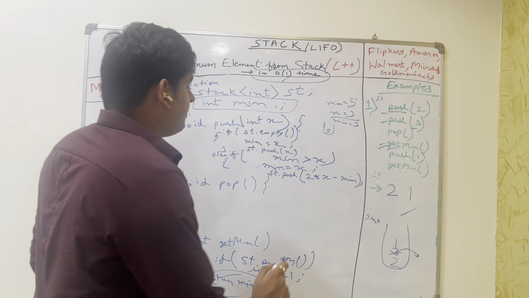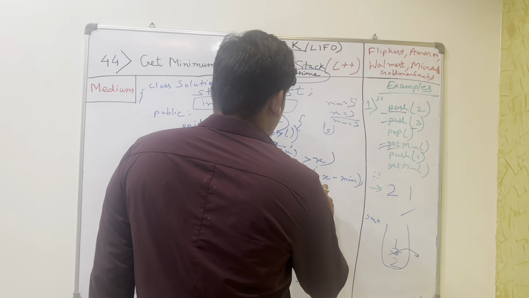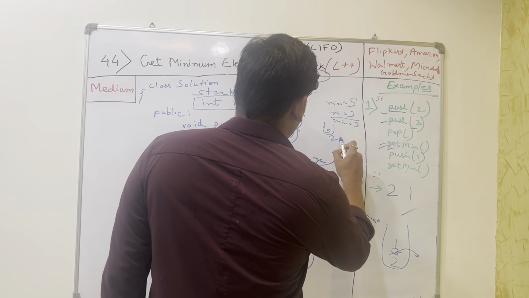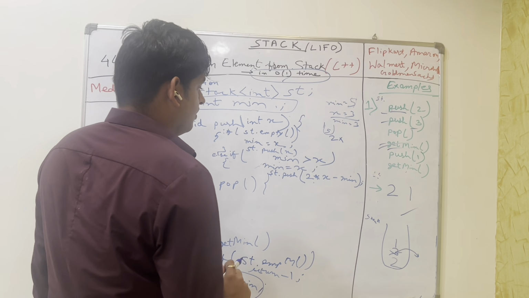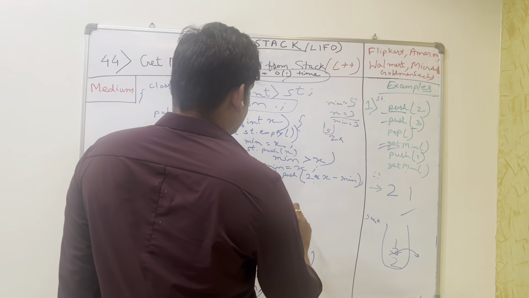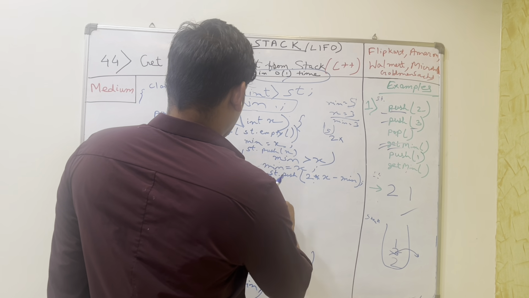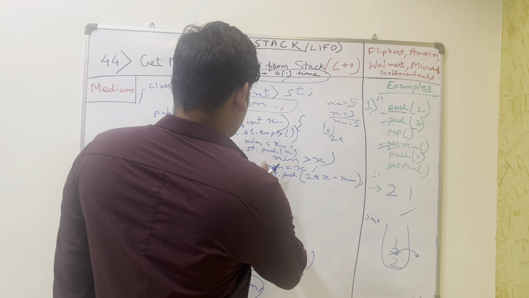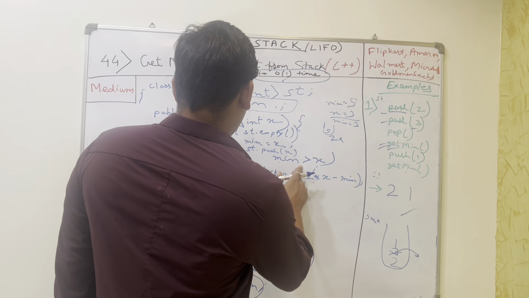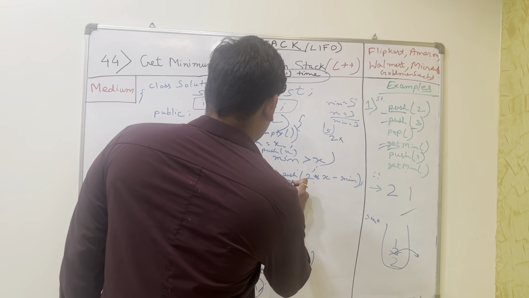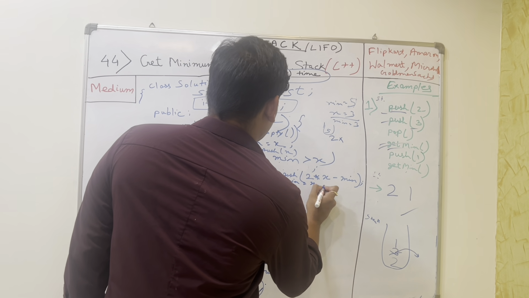But what do I push into the stack? 2 into x minus min. So I will make min equal to x after pushing this.